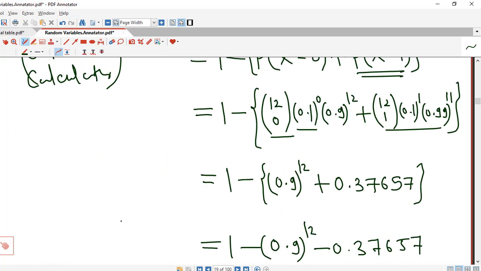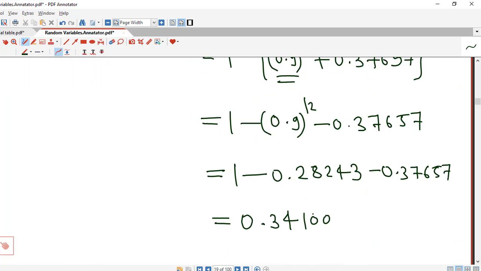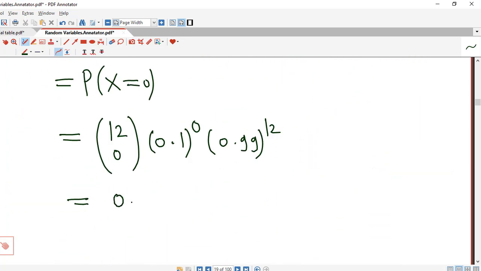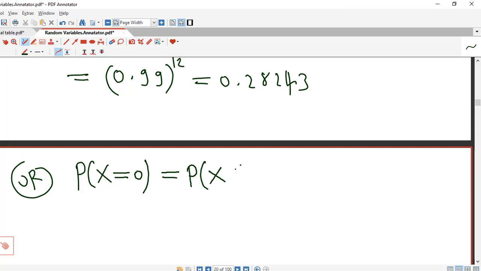We just calculated probability that x equal to 0, that is 0.9 raised to 12, and its value is 0.28243. So I can directly write here 0.28243. And if I want to use the binomial probability table, I can write probability that x equal to 0, which I can rewrite as probability that x is less than or equal to 0. Using the binomial probability table, we have 0.2824.